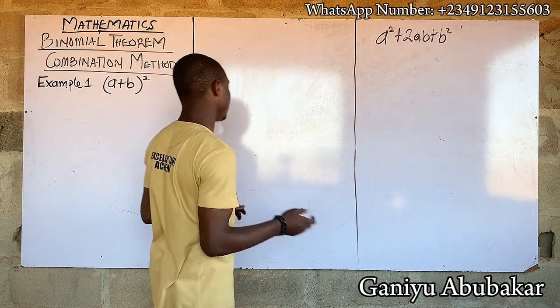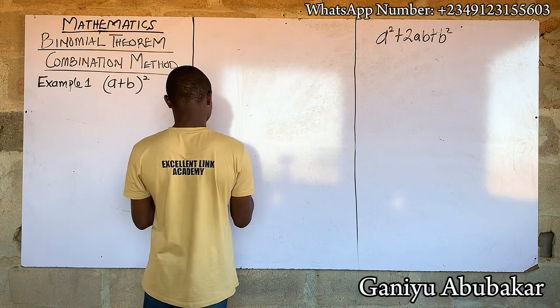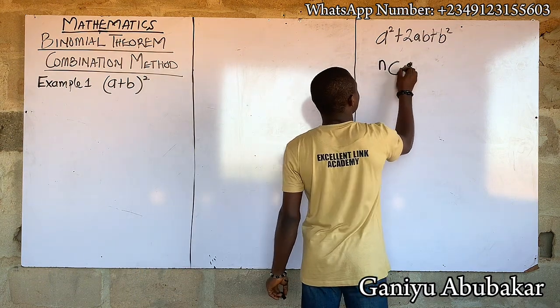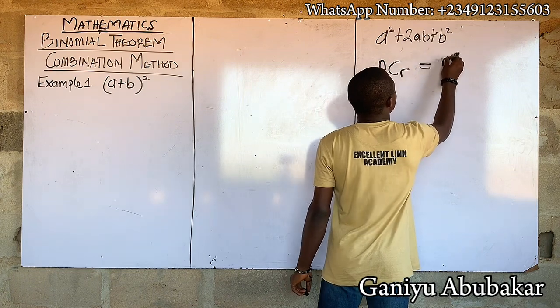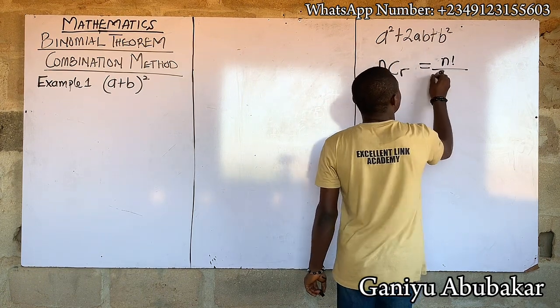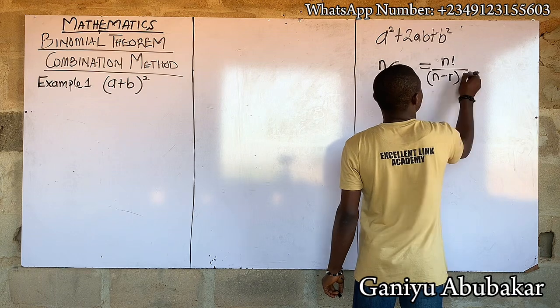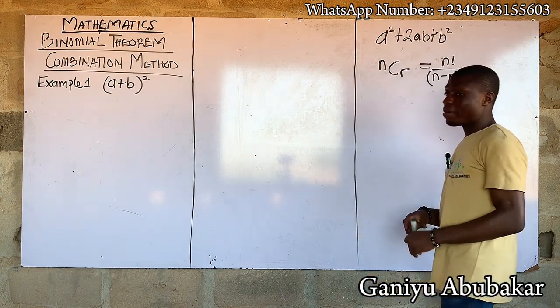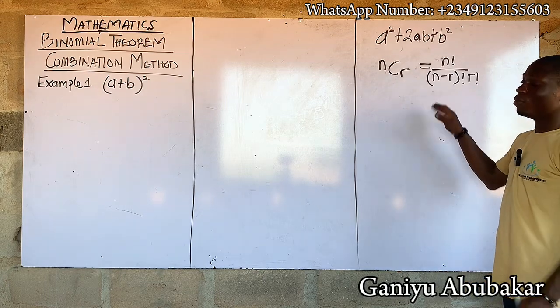The expression is given as n combination r, which is equal to n factorial over (n minus r) factorial times r factorial. This becomes your mathematical expression for combination.